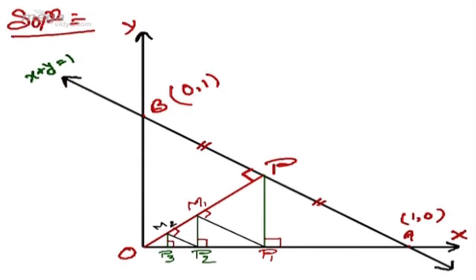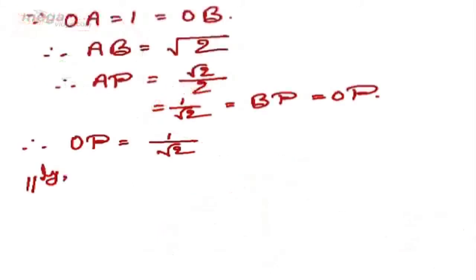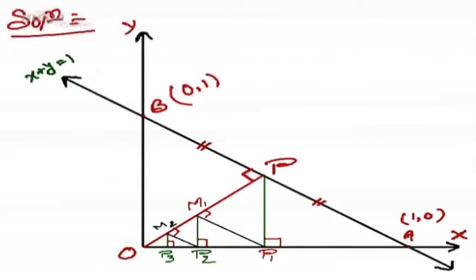Now from this figure, P1M1 is perpendicular, so P1M1 is half of OP.